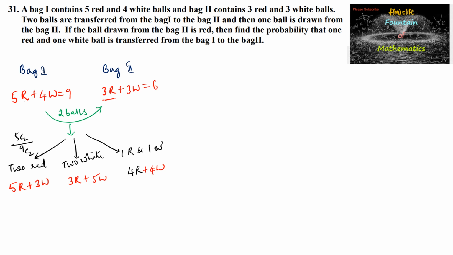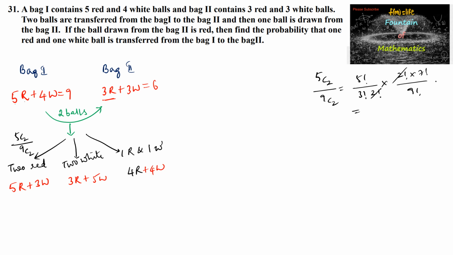So 5C2 upon 9C2 is equal to 5 factorial by 3 factorial into 2 factorial, into 7 factorial by 9 factorial.